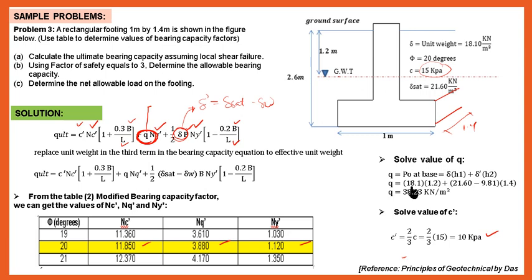So, we have the unit weight which is 18.1 times 1.2, the height where we have no effect of the water table. Plus our unit weight prime which is 21.60 minus 9.81, that is our effective unit weight, times H2. Our H2 is our D. Here is our D.